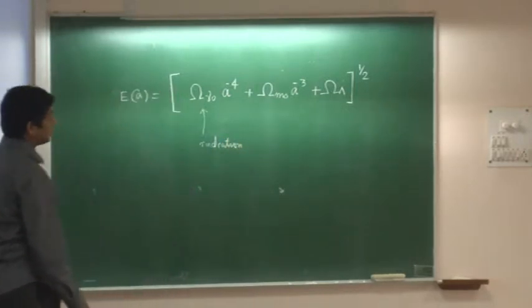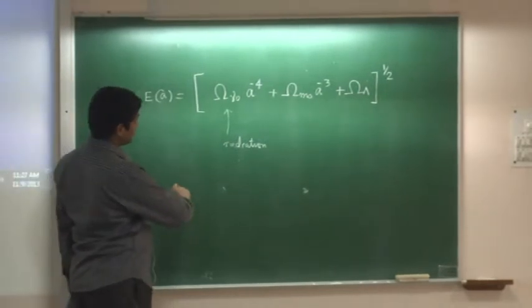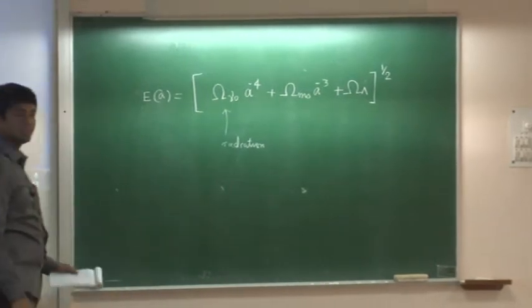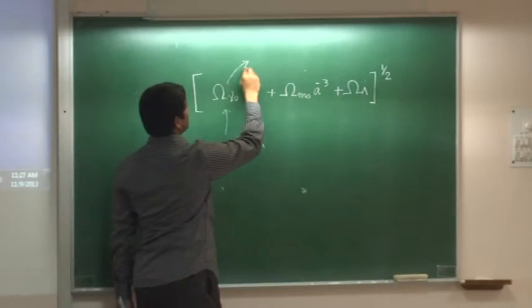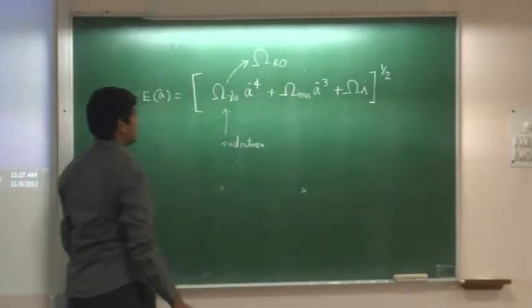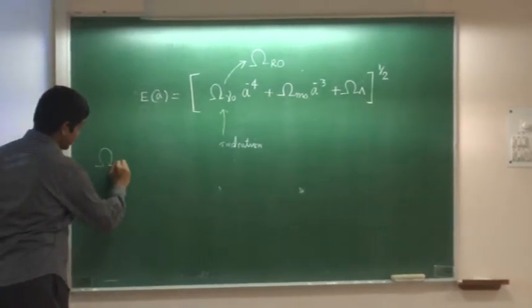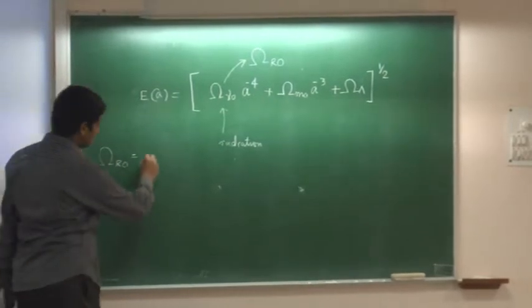But now we have seen that there is another species which is neutrino, for which also the density falls as a to the -3, right? So we should change this to omega relativistic, and you can calculate the omega relativistic right away because you know the energy densities.